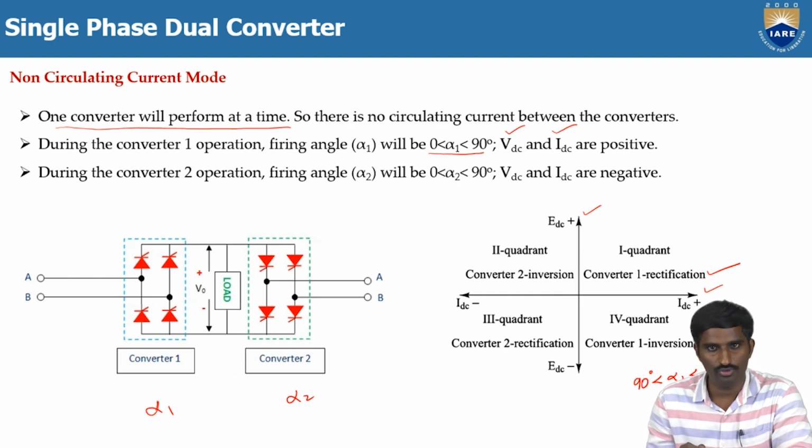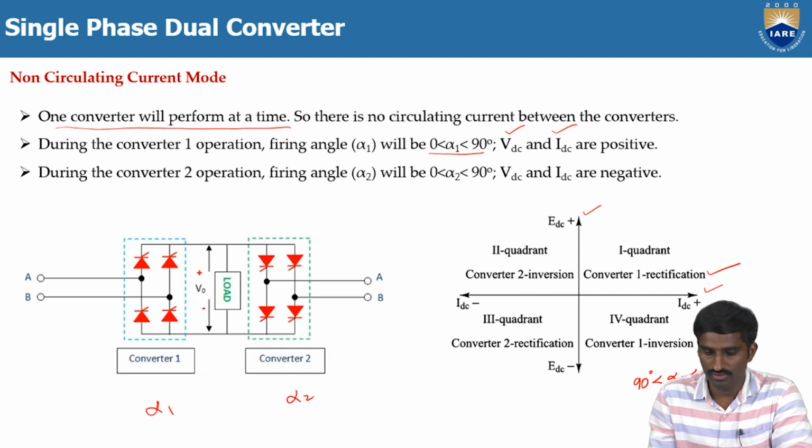Or suppose you want to operate only converter 2, not converter 1. In a similar way, during converter 2 operation, when the firing angle alpha 2 is between 0 and 90 degrees, then VDC and IDC are negative, in a reverse way.